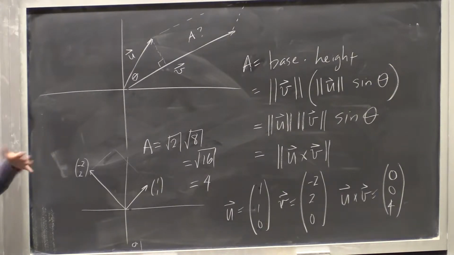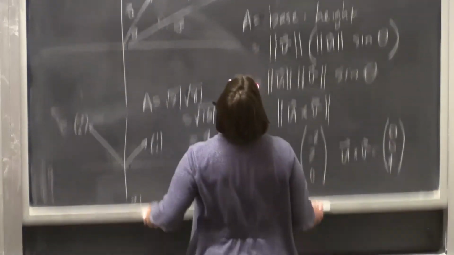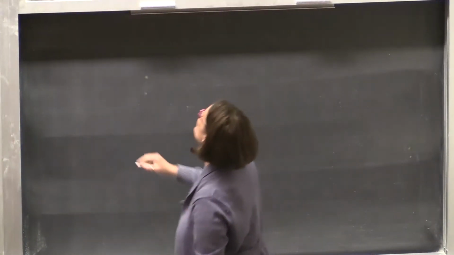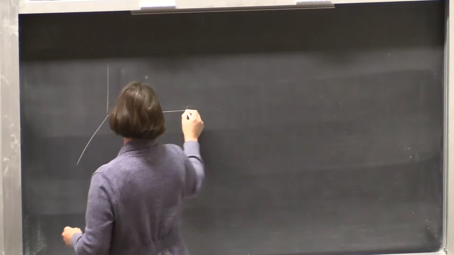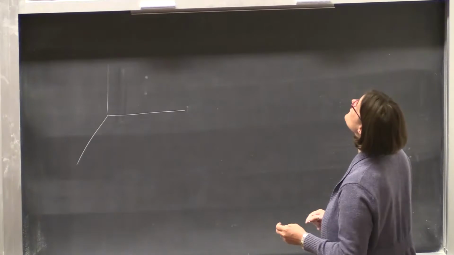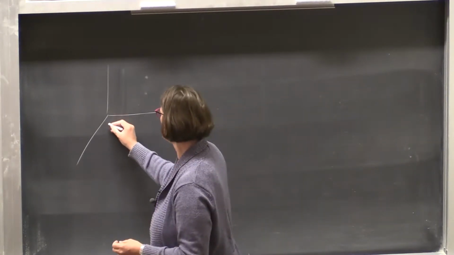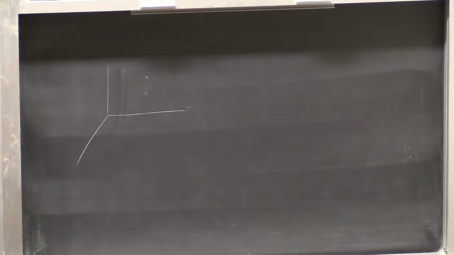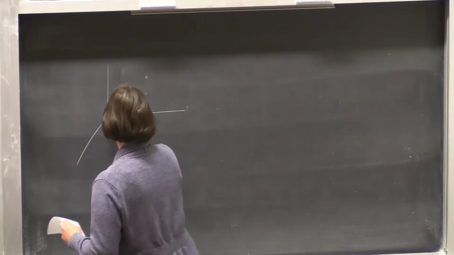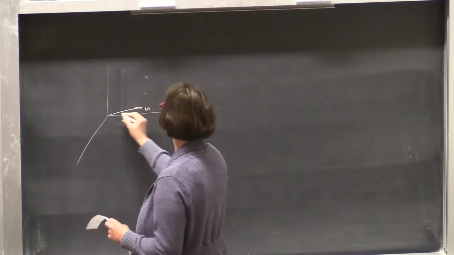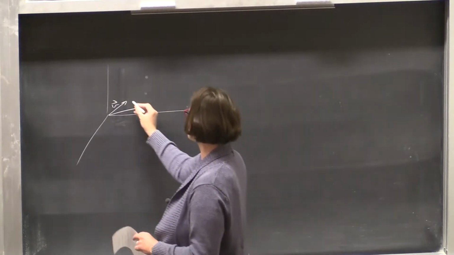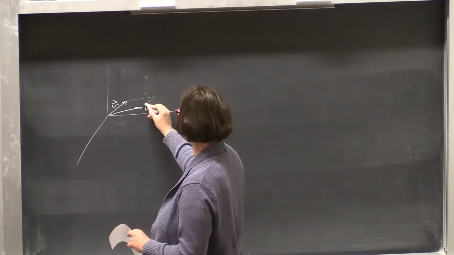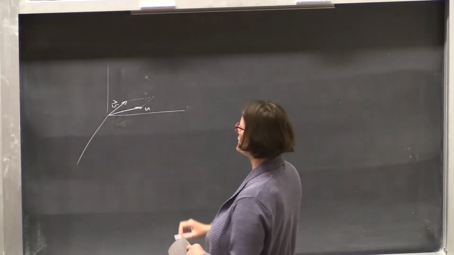Okay, let's keep going. Now, what if you're given a parallelepiped? So after you figured out how to spell parallelepiped, you draw, I did a good one in my notes. You have been given a vector u. You've been given a vector v. That is going to give you a parallelogram in the plane spanned by u and v.